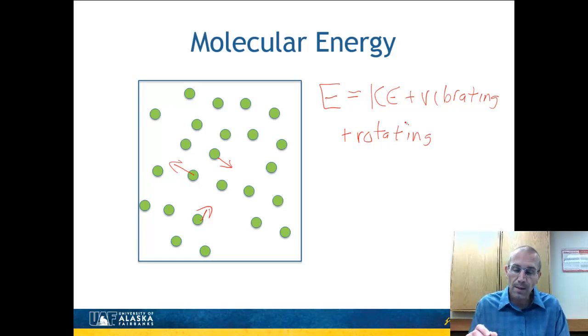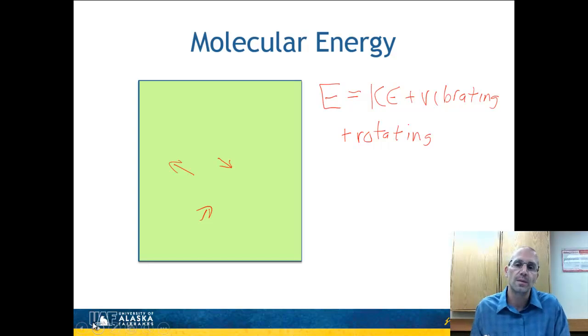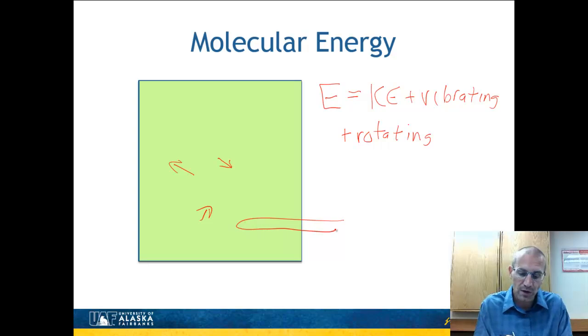Now, although that's possible in theory, it's very, very cumbersome to do. And so what we would like to do is come up with an easier way to do it. And that is the idea behind the continuum approximation, which says, I'm just going to smear out all of those details, and I just want to know what the bulk average amount of energy is. If I wanted to know the amount of energy, I could actually measure that by putting in a thermometer.